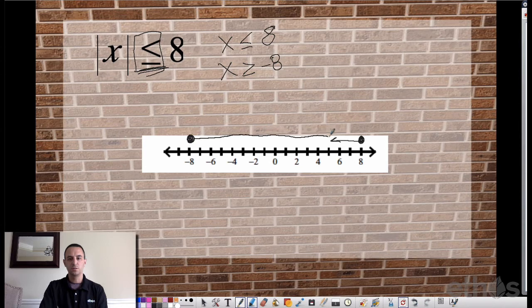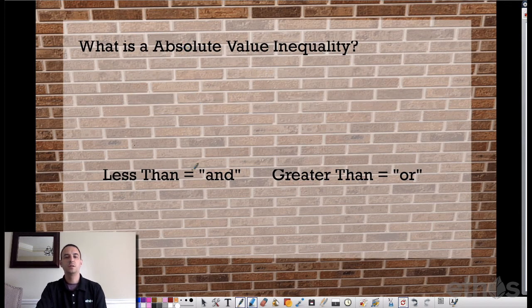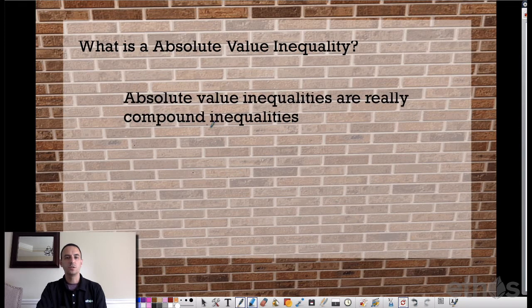So really it turns into an and inequality. The previous was or, this is and. What we're going to learn here is that absolute value inequalities are just another way to look at a compound inequality. We just have to be able to realize which type they are.